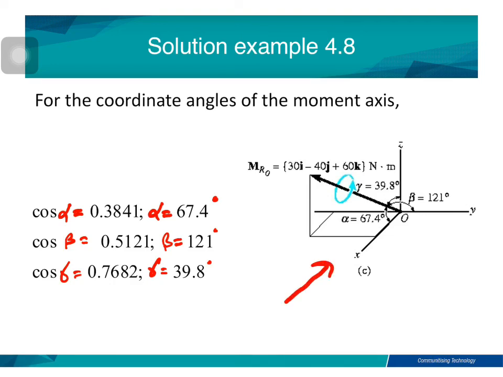This is the moment direction, the moment resultant vector, and how the angles act. From the moment axis, alpha is to axis x, beta is to axis y, and gamma is to axis z.